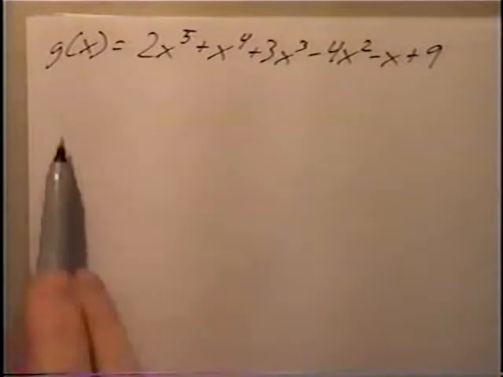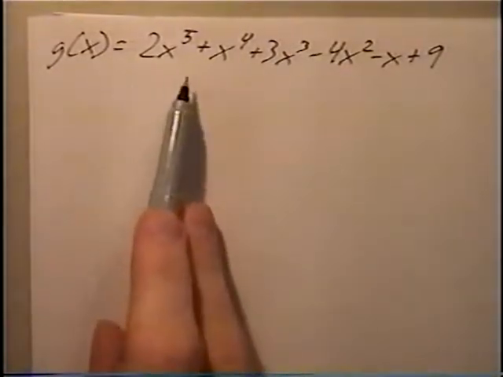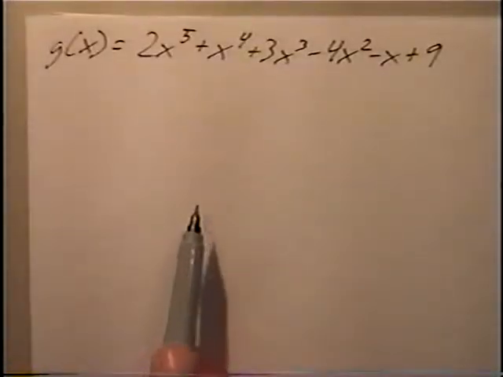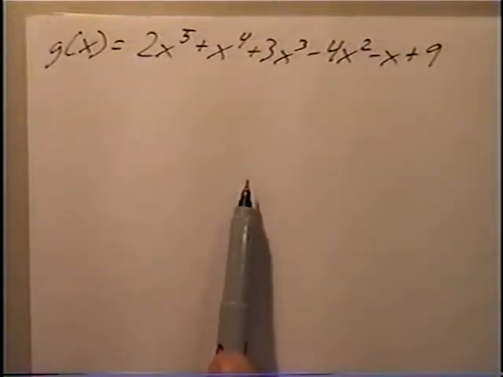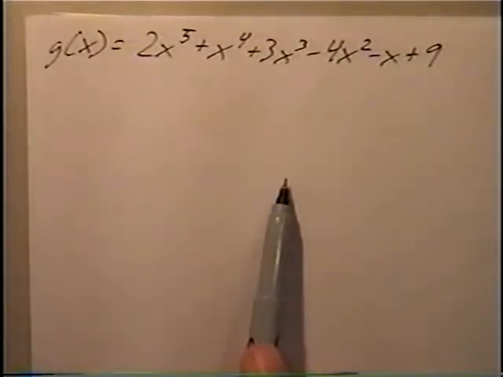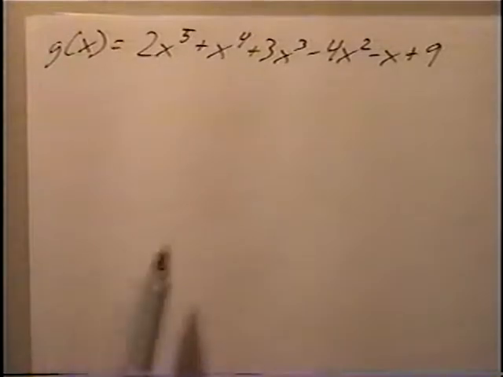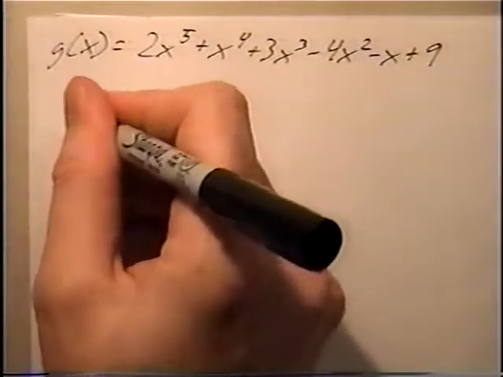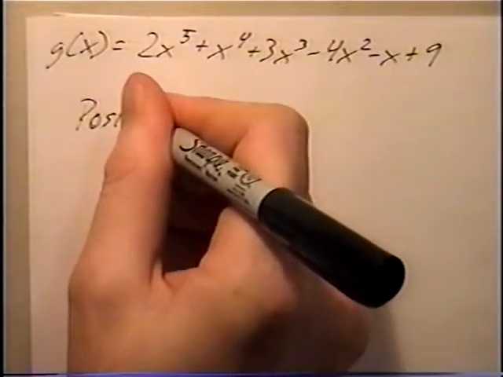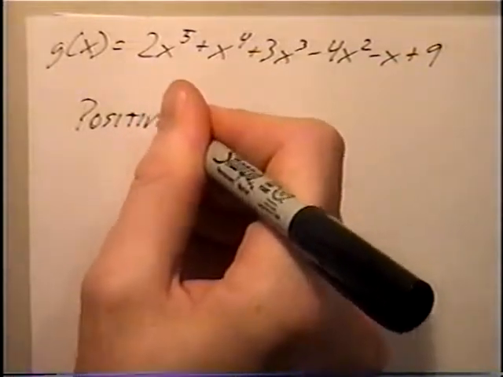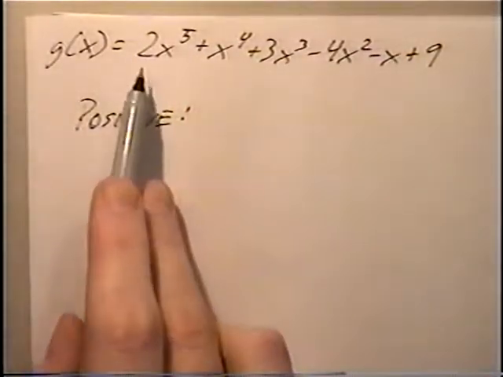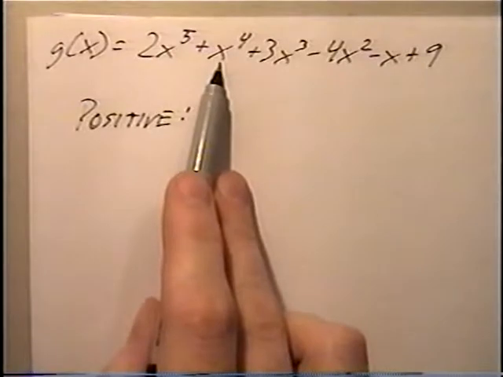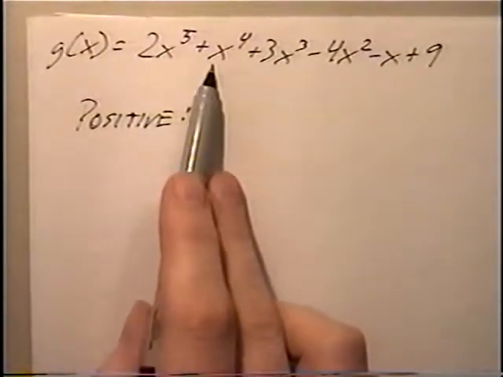Next example is g of x equals 2x to the 5th plus x to the 4th plus 3x cubed minus 4x squared minus x plus 9. Again, for the positive zeros, count how many sign changes. Positive 2 to positive 1 is not a sign change.